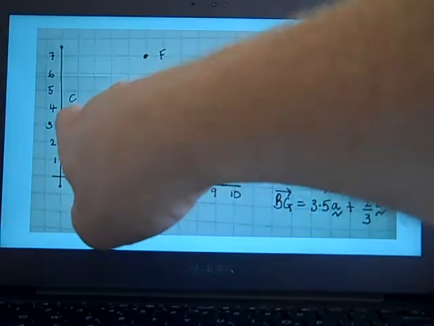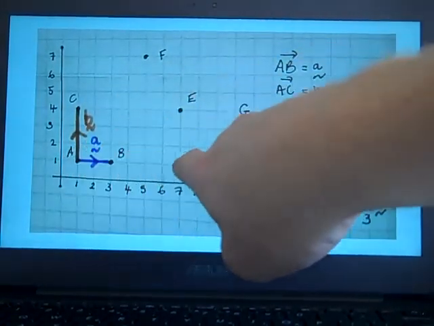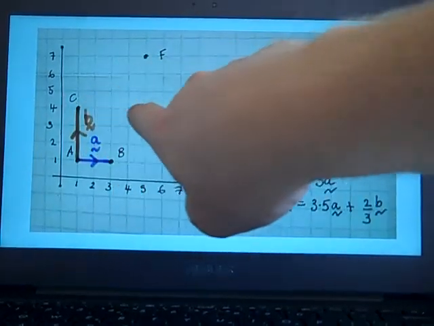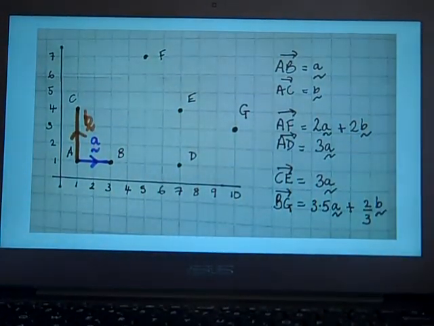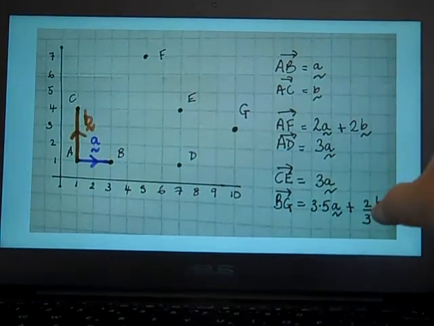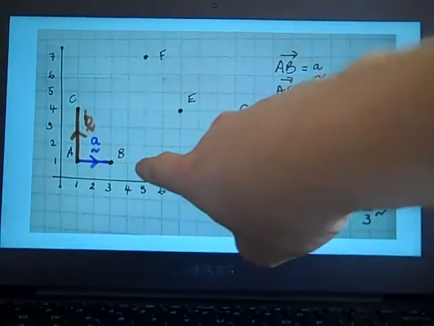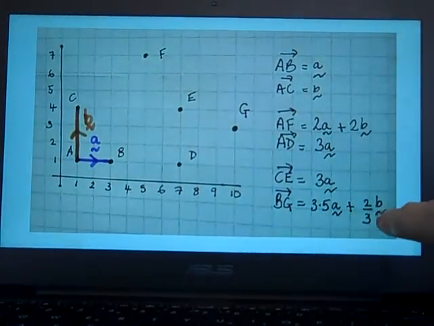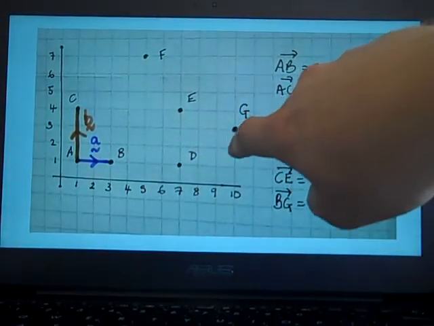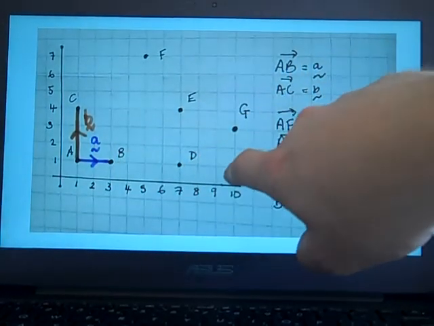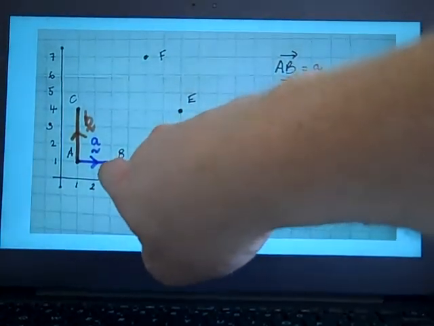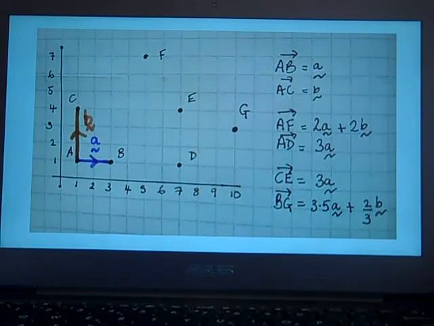From C to E, it's actually the same vector as A to D, so it's the same answer, 3a. Then B to G is slightly more complicated because of the numbers of a's we need. We only need 3.5 a's to go to there, and only 2/3 of b to take us up to there. So 3.5 a's add 2/3 of b takes us from B to G.